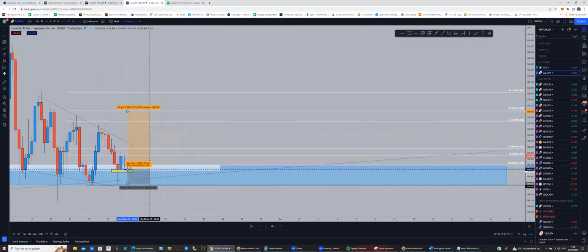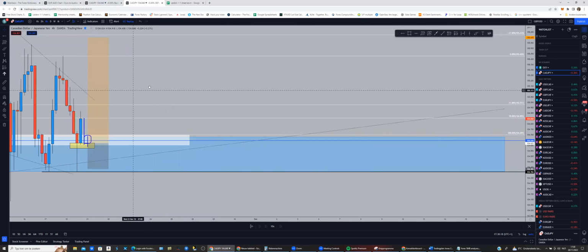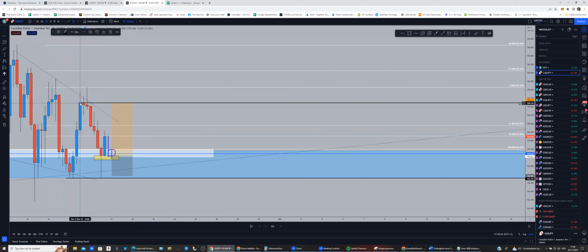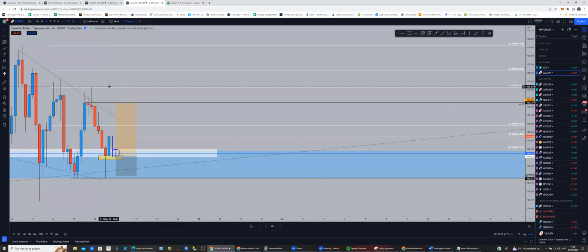Like this, it will be enough. And then we will take our 4-hour partials at these daily highs like this for our TP for around 2.6%. So that's what I want to see on CADJPY. So yeah, we need to see what will develop.